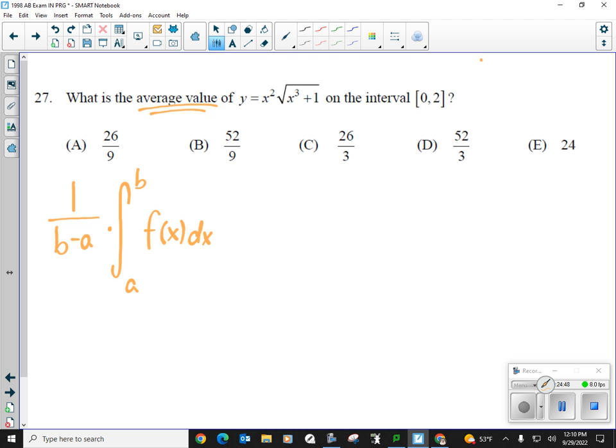So let's go through and put in what we have here. All right, so let's erase this. Our bounds, oh man, that was a big one. Our bounds, okay, they go from here's A and B, so they go from 0 to 2, which also means 0 and 2 are going to go there.